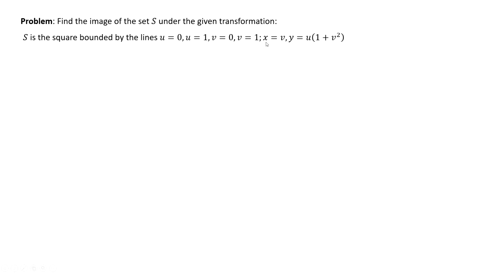And the relationship between x, y, and u, v is given to be x equals v, y equals u times (1 plus v squared). What this is saying is you have a region bounded by u equals 0, u equals 1, v equals 0, v equals 1. That region must be transformed to an xy region.